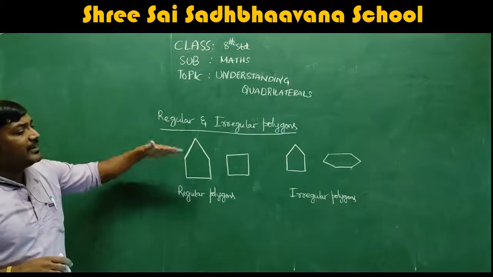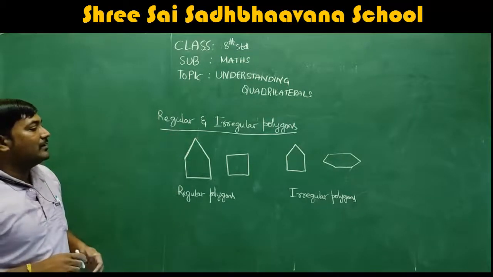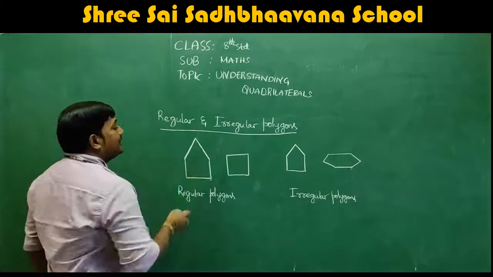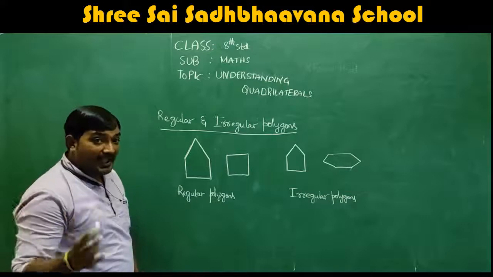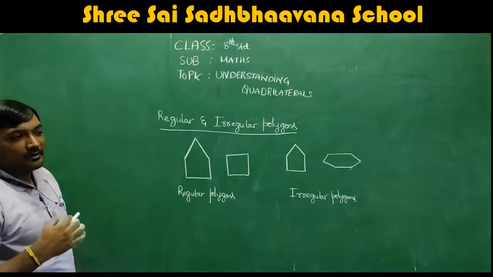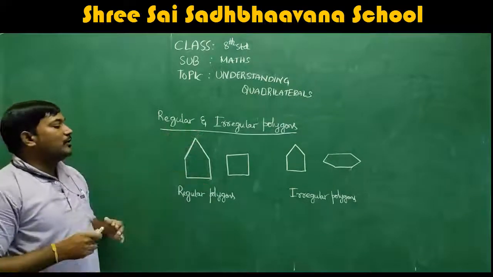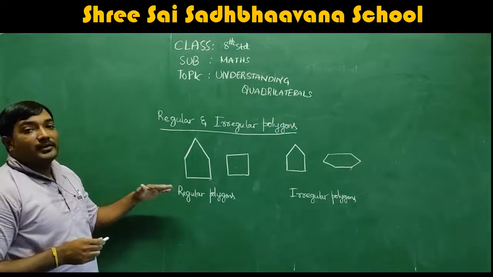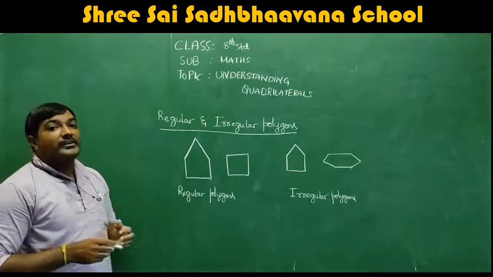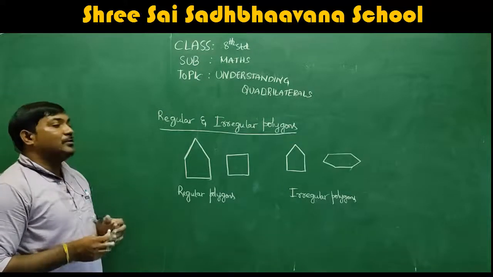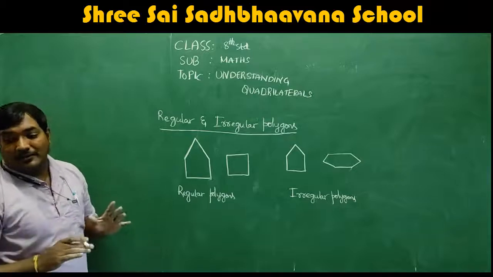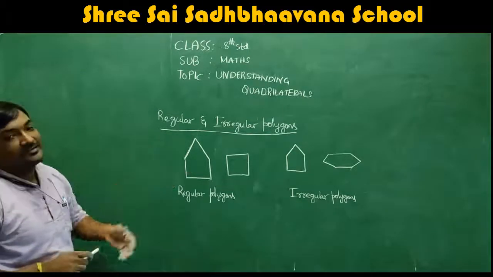And what is basically a regular polygon and an irregular polygon? Here remember, I'm not talking about the angles, but the sides. A regular polygon is a polygon in which all the sides are equal in size, not exactly the same, but equal. And an irregular polygon is just the opposite: a polygon which has unequal sides.